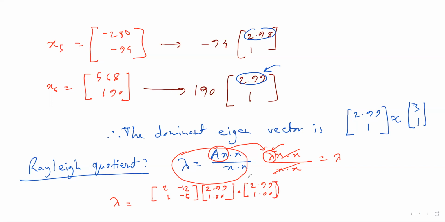You have to understand that this dot is actually the dot product of vectors, not matrix multiplication. And we have 2.99, 1.00 dot 2.99, 1.00. If you complete the calculation, you will get lambda equal to a number which is very close to -2.01.